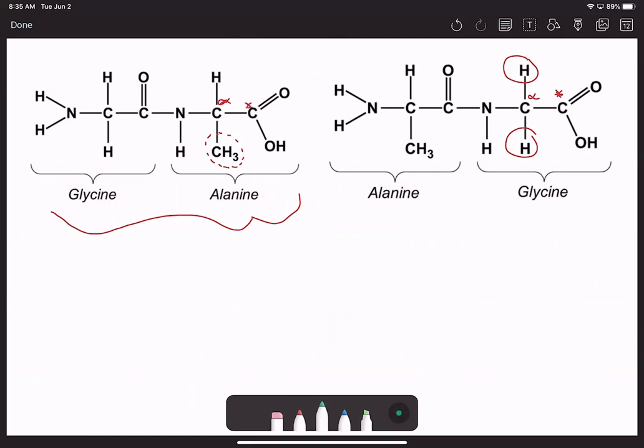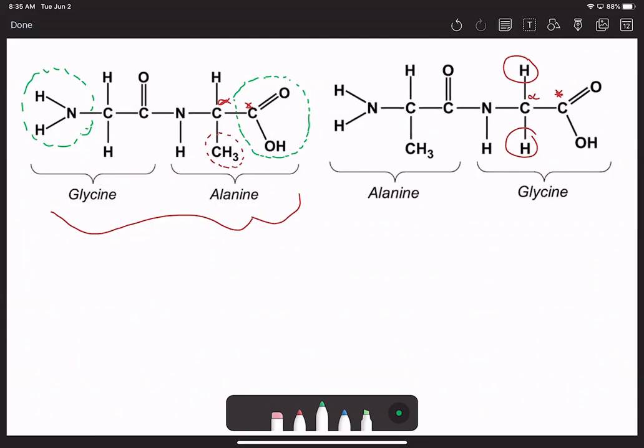When we're looking at peptides, when we're looking at proteins, you're going to see them the same way all the time, where you're going to see this carboxyl group on the right-hand side, and you'll see this amine group on the left-hand side.